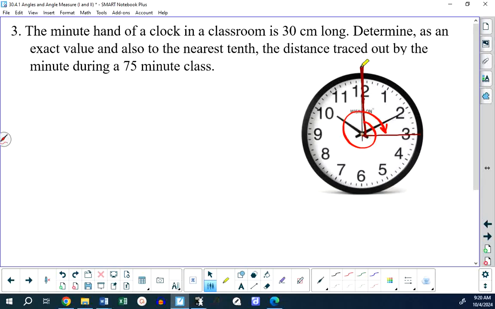Since we're going to have to use the formula A equals R theta, and R is 30, and theta is in radians, why don't we just count out how many radians that is? So if you watch, I'll do it here just in case you're watching this video later. Starting here, so this is a very non-standard thing.